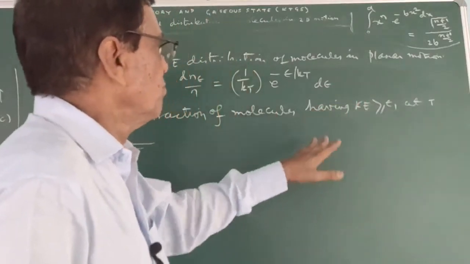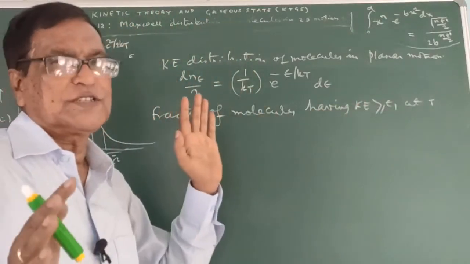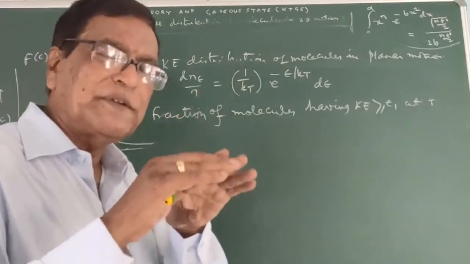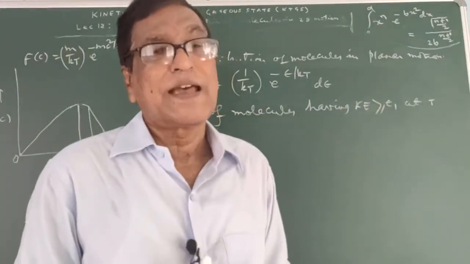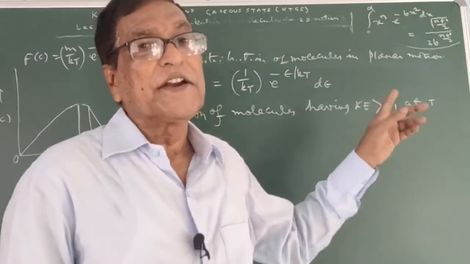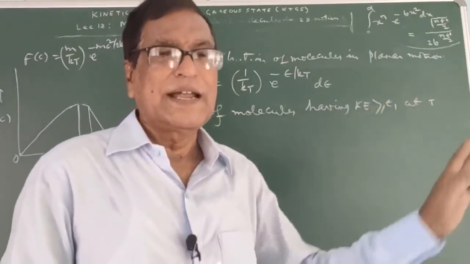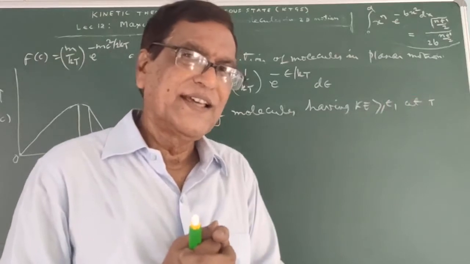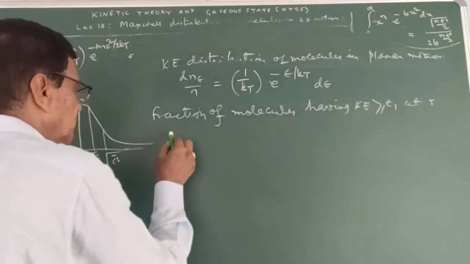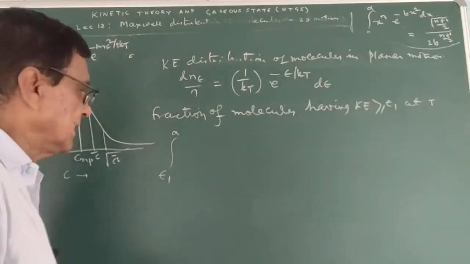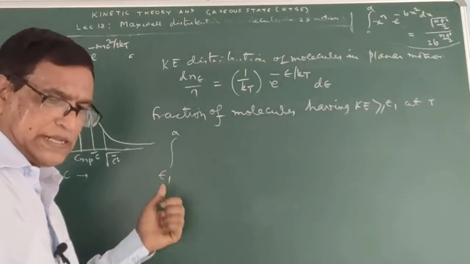Whenever the fraction is multiplied by the total number of molecules, it will give you the number of molecules having kinetic energy greater than or equal to epsilon 1 at a given temperature T. So in this case, epsilon 1 to infinity. This is the lower value.